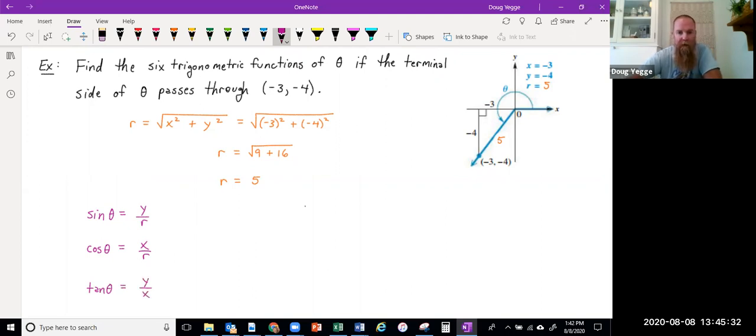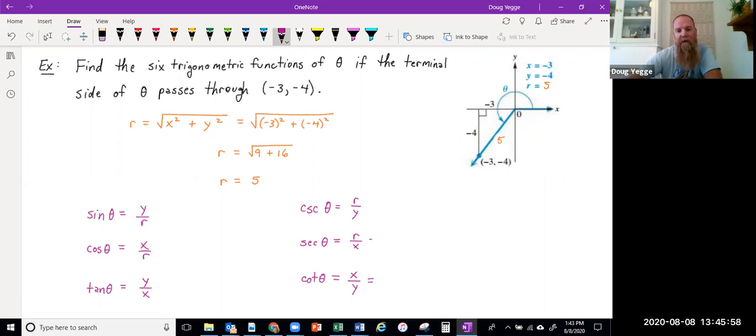And so the other three are cosecant theta, which is r over y. We could see secant theta is r over x. And finally, cotangent theta is x over y.